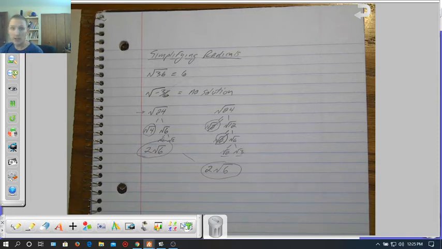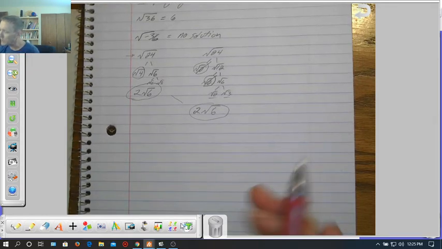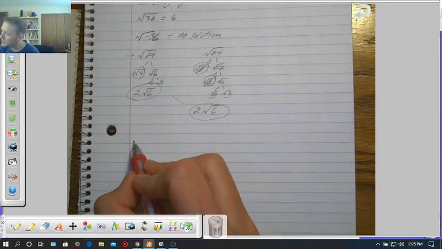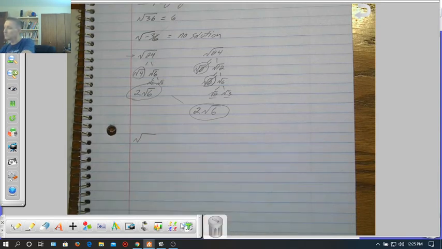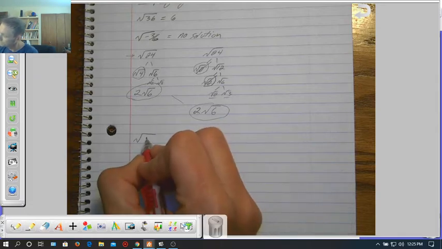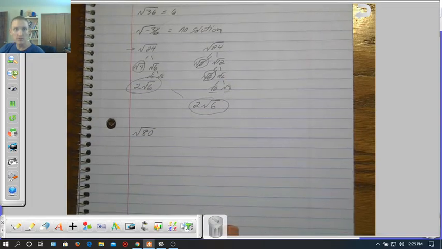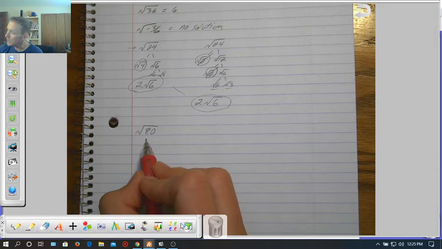So let's take a look at another example. Let's take a number here that's maybe a little bit bigger. Let's take the square root of 80. So the first job is to find factors of 80.